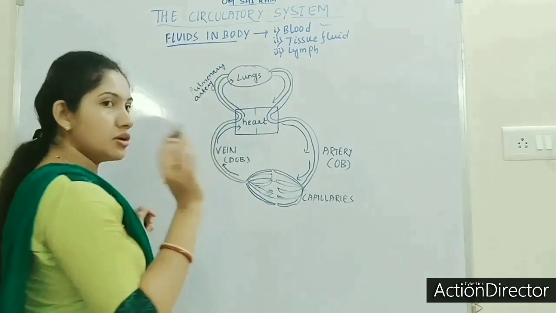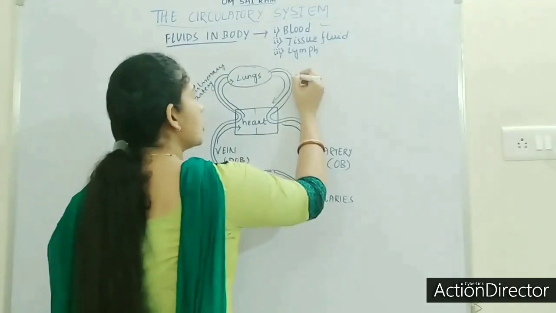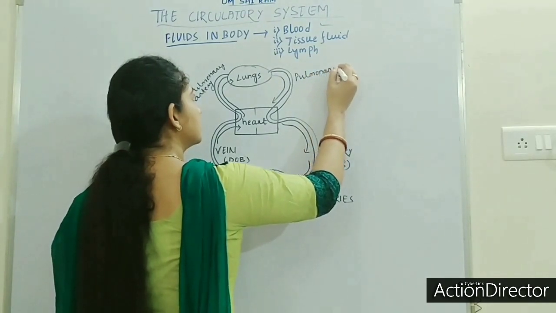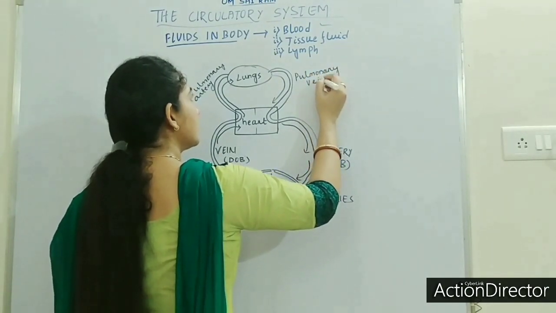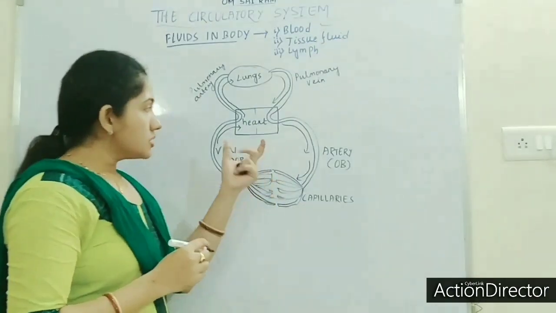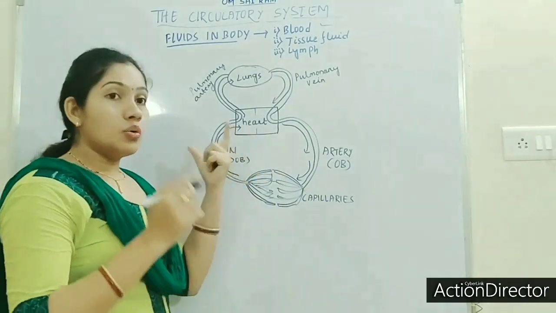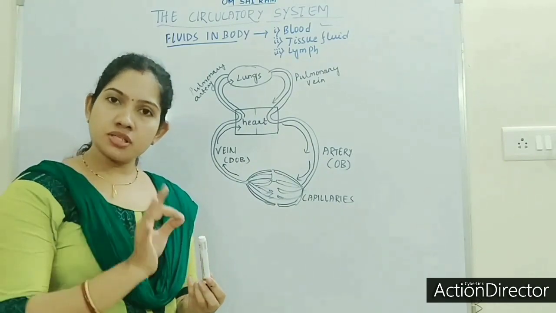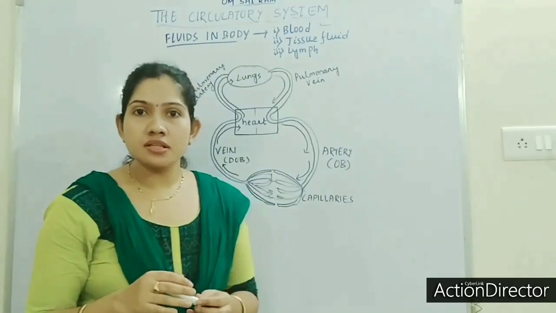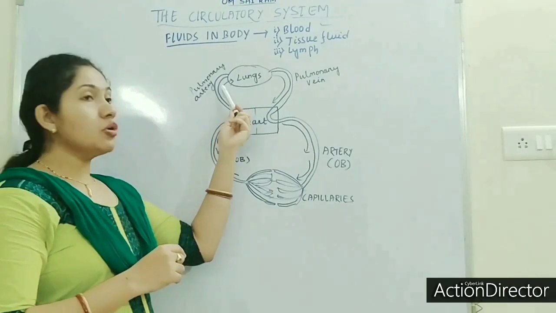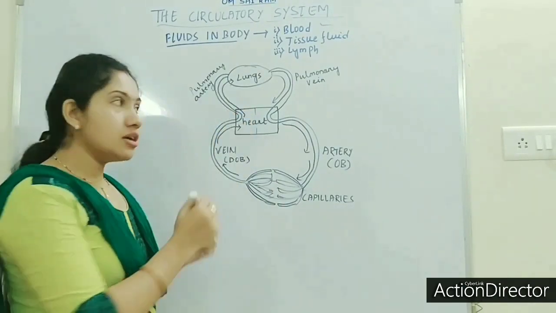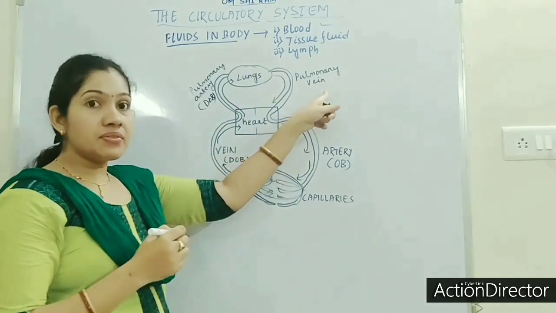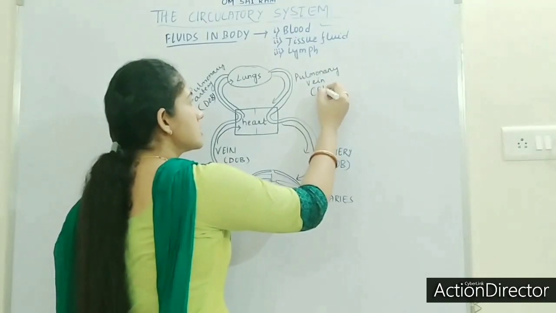This is an exception. I hope you all know this, and this is the pulmonary vein. So this is one exception. Veins carry deoxygenated blood and arteries carry oxygenated blood, but the pulmonary artery carries deoxygenated blood and the pulmonary vein carries oxygenated blood.